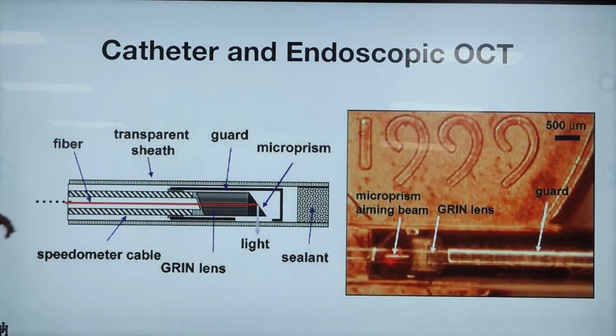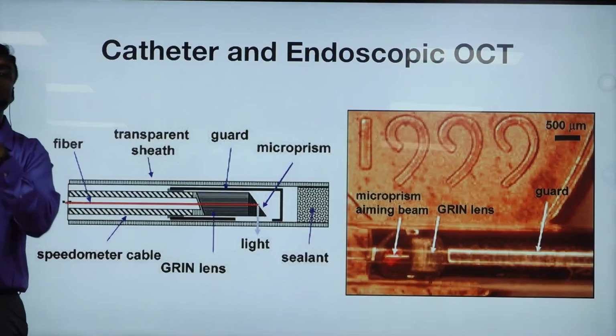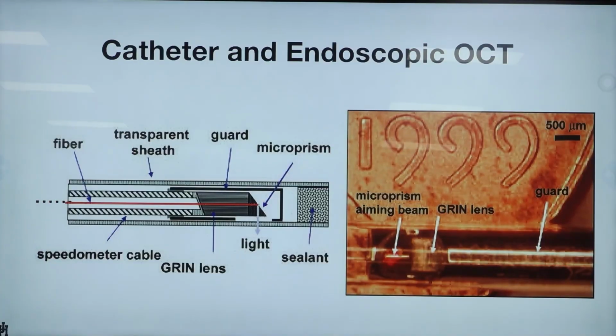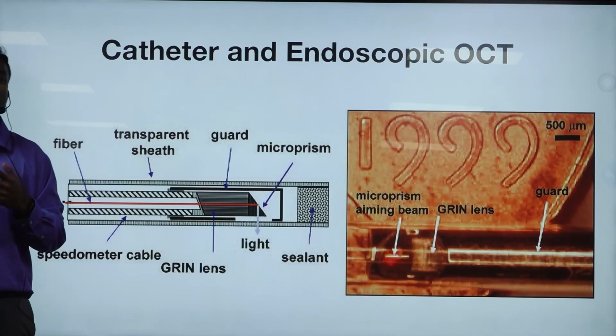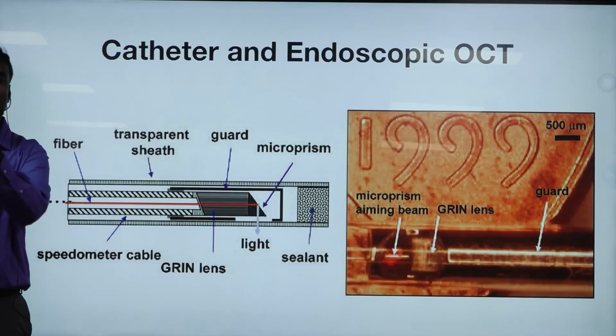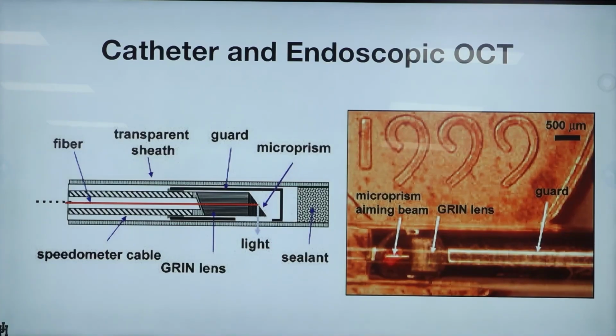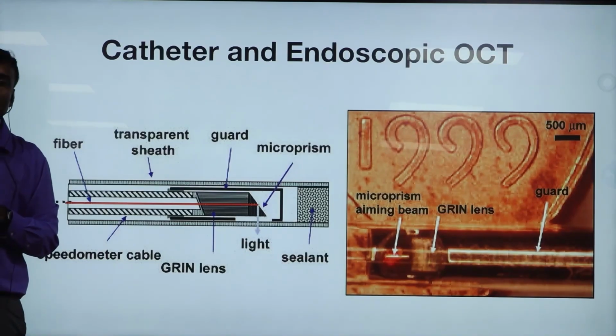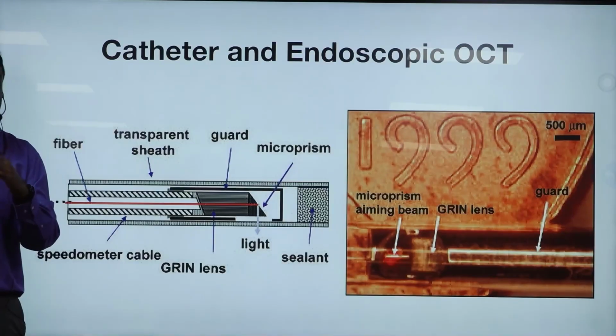Another version of OCT which is also very useful is what's called endoscopic OCT. Endoscopy is basically where you take something that looks like a thin tube, and if you want to see the inside of some organ, doctors typically put an optical fiber bundle or a camera at one end and put it inside to see inside the body.